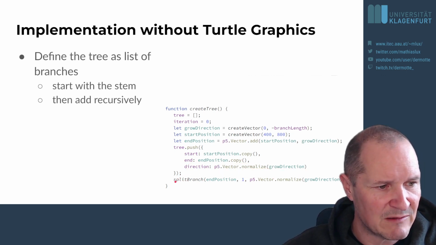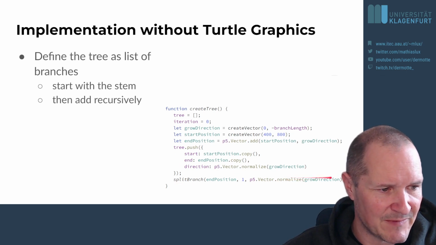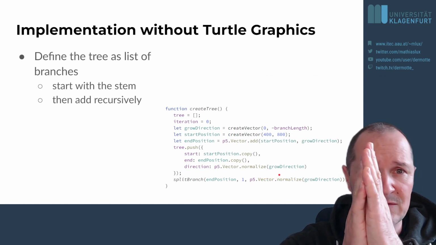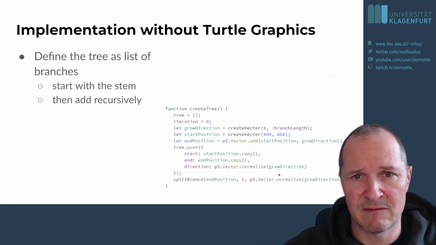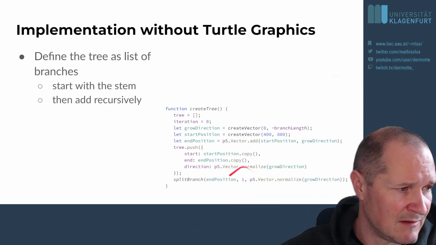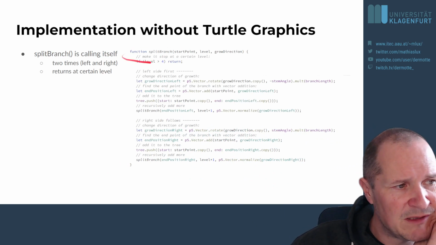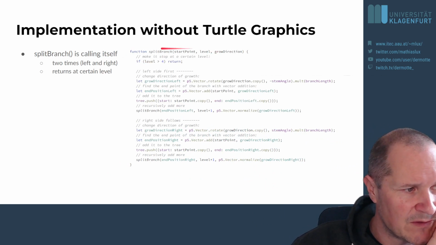Then we split the branch from the end position towards this grow direction. So if it grows upwards, we split the branch, and then we just add recursively. This would be the split branch.